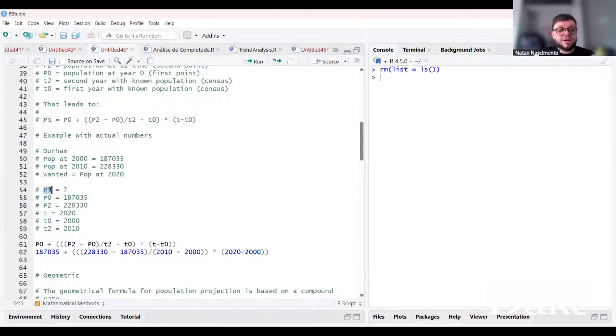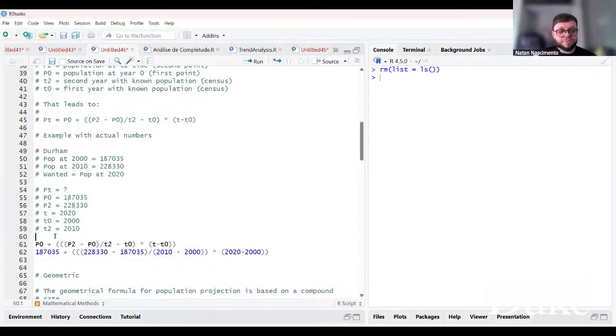So what's my population at 2020? I don't know. The population at time 0 will be the population at 2000, because it's the first point. Population at time 2 will be 2010. T will be 2020 because it's the year that I want. T0 will be 2000 and T2 will be 2010.